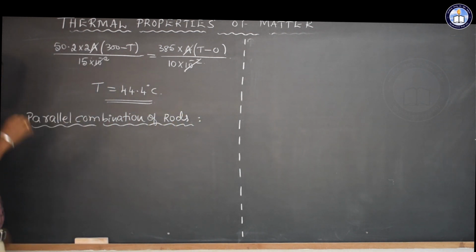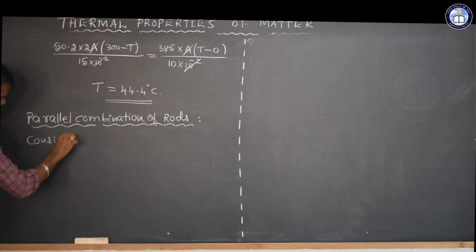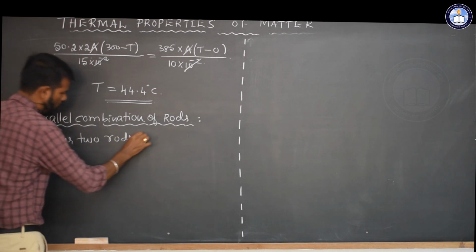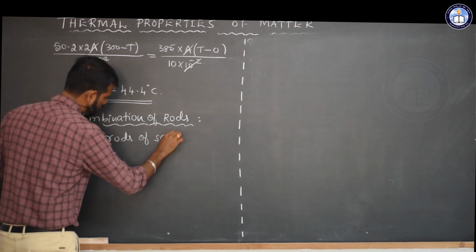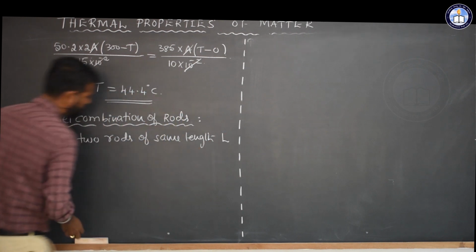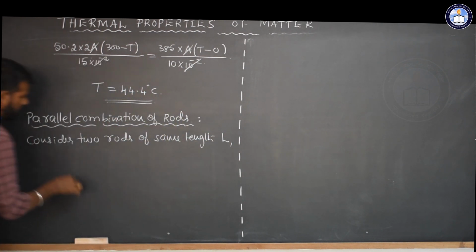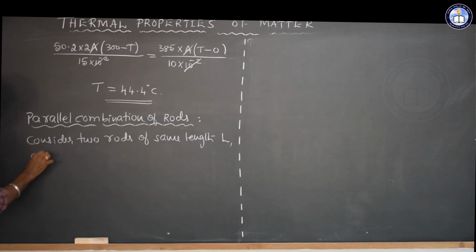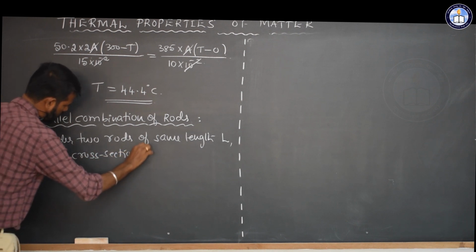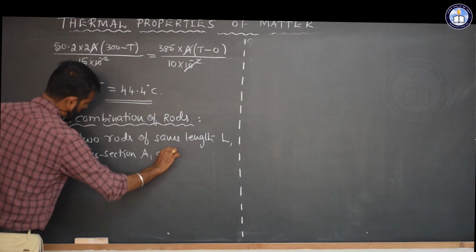Just consider two rods here, of the same length L. Two rods of same length L, with areas of cross section A1 and A2.